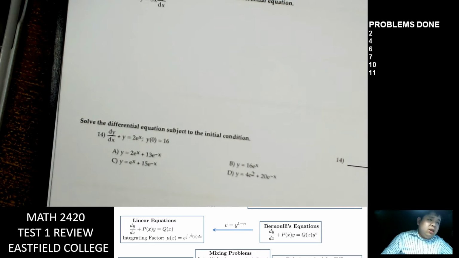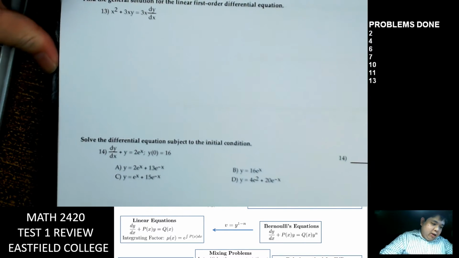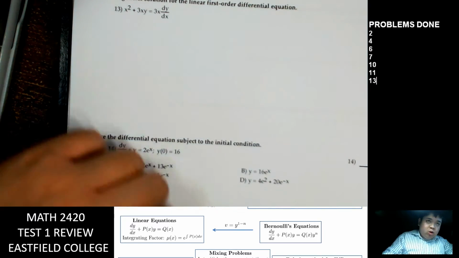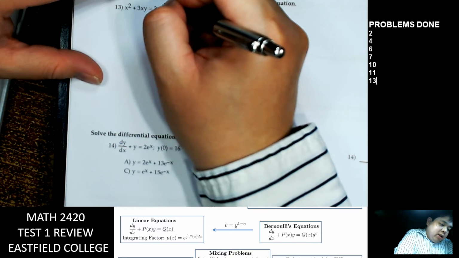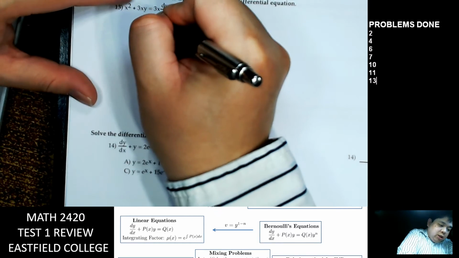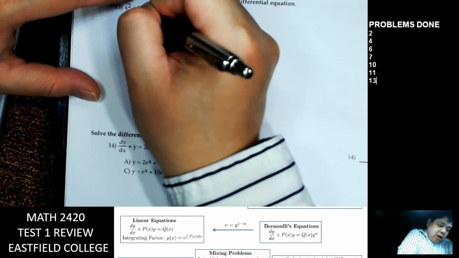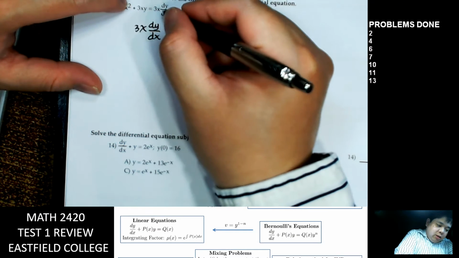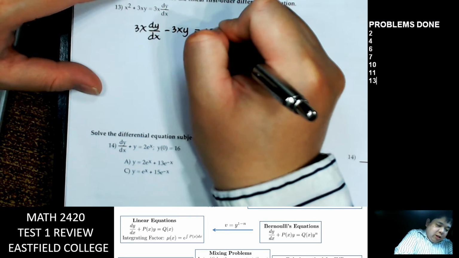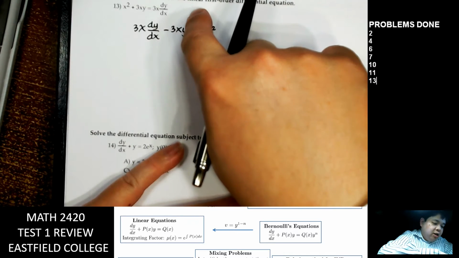Right. Let's look at 13. First, we have to rearrange and make sure it is in the standard form. So we have a derivative here, which is good. So let's keep it that way. Move this to the other side and make it equal to x squared. Right, just move this to that side and we have that.